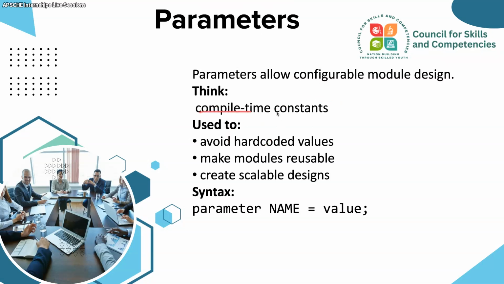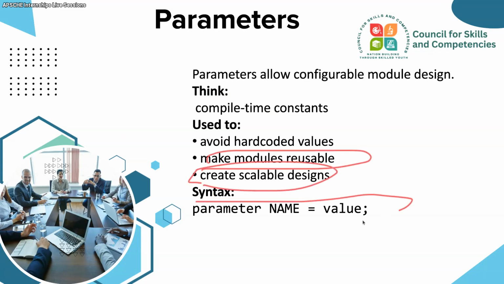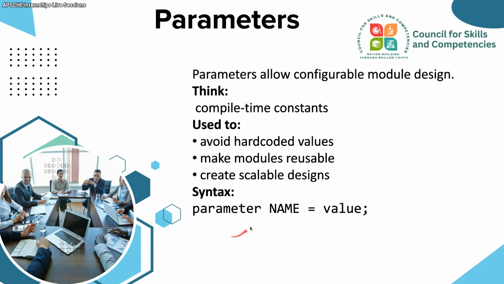Think of it like a compile time constant. It is used to avoid hard coded values, and it makes modules reusable and creates scalable designs. The syntax is parameter name equal to value. When we get to the example, you will be able to see it.